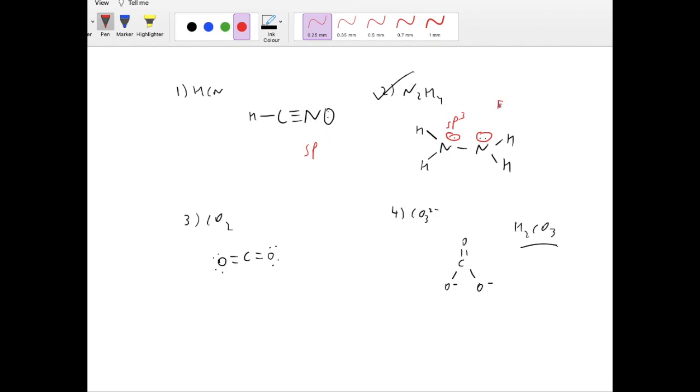If you have an electrophile over here, these would prefer to attack it, because nitrogen is electronegative, but not as electronegative as oxygen. So that's the reason why N2H4 would be more basic.